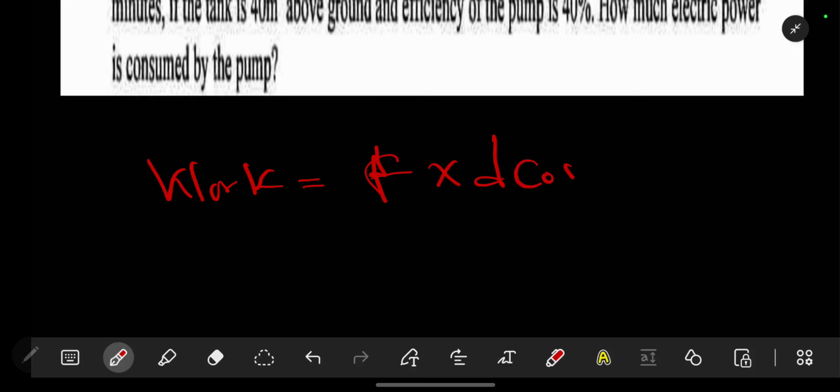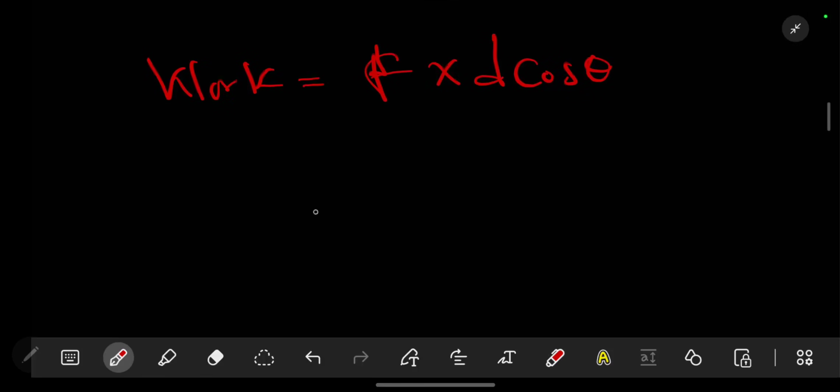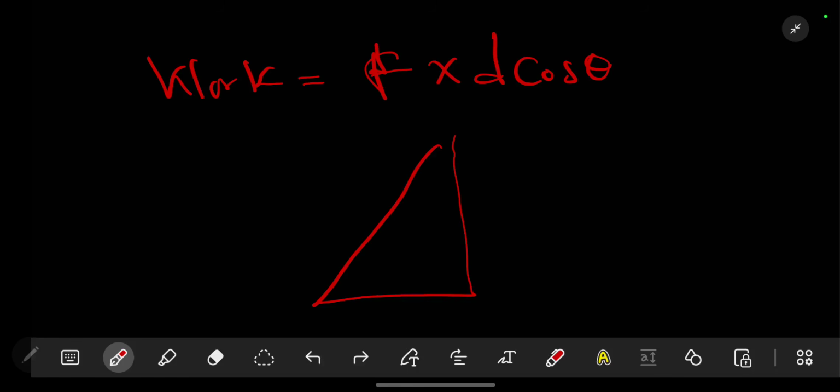So let's begin. From our previous video, we defined work to be the product of the force and the distance moved in the direction of the force times the cosine of the angle theta. If we have an incline like this, then for that incline we have the angle, let's say 30 degrees.